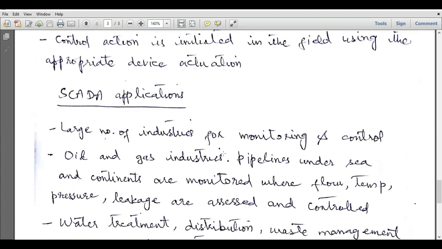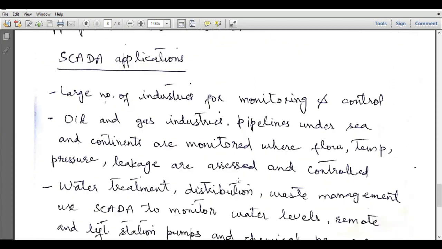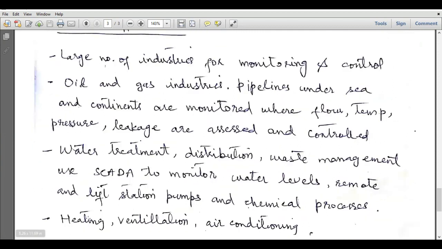For example, in oil and gas industries, pipelines, undersea and across continents, are monitored where flow, temperature, pressure, and leakage are assessed and controlled. Water treatment, distribution, and waste management use SCADA to monitor water levels, remote and lift station pumps, and chemical processes.